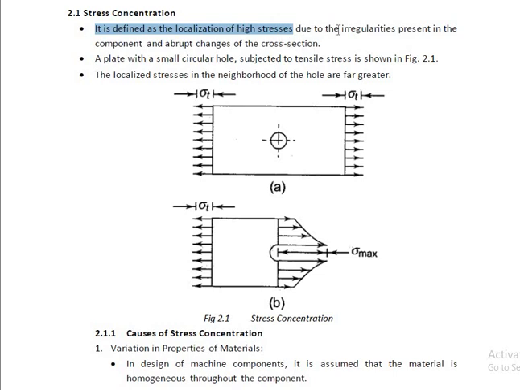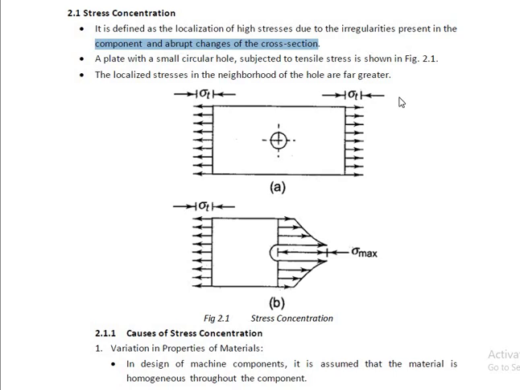Due to irregularities present in the component and abrupt changes of cross-section. These are the two important causes due to which there is a possibility of stress concentration, meaning localization of high stress at a particular point, induction of a large intensity of stress at a particular point.